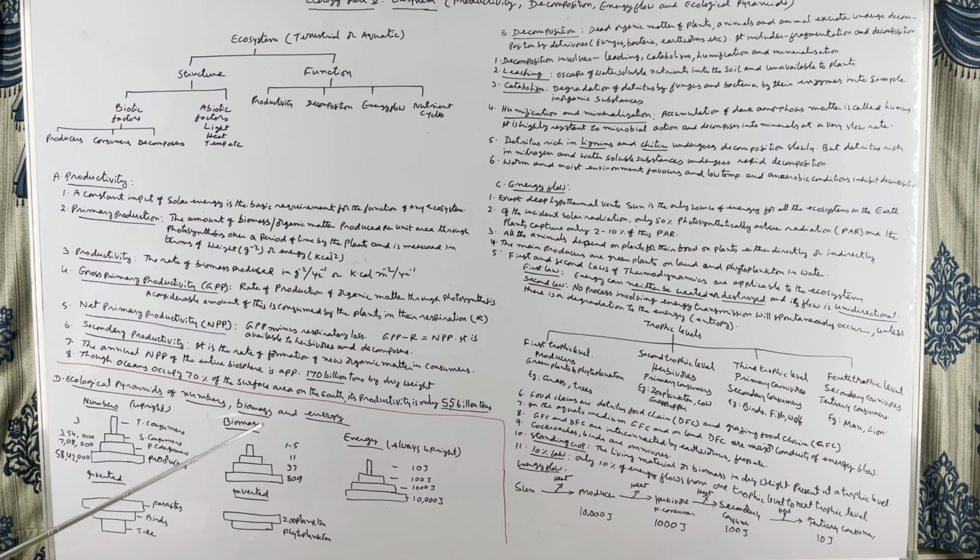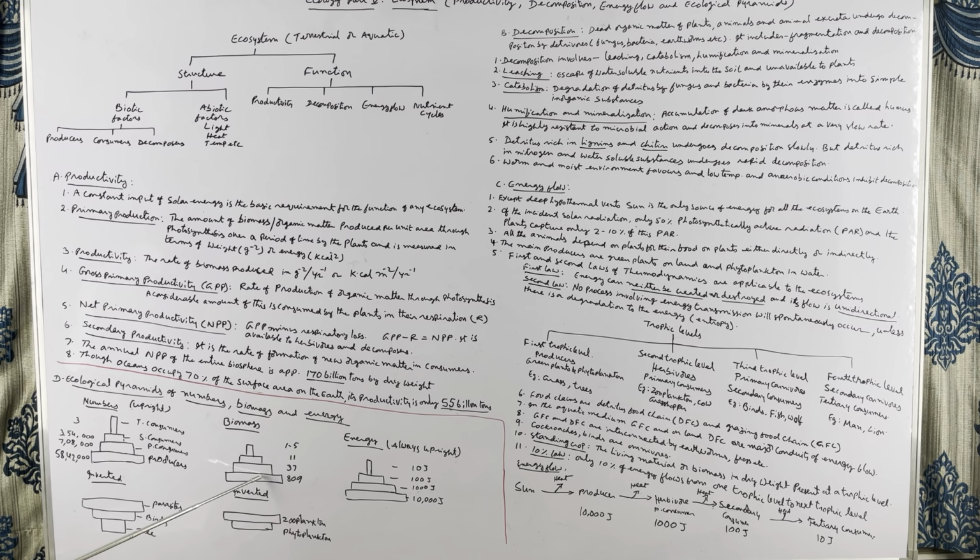Then coming to biomass. What is biomass? Biomass is the amount of organic matter present in all the organisms of a particular trophic level. So the biomass also represents an upright pyramid. One example is given in your book.